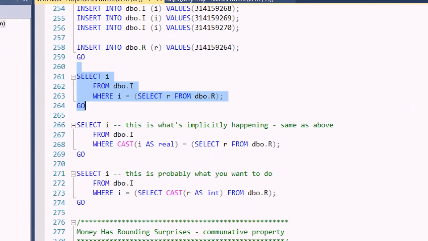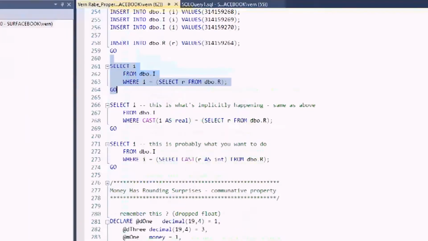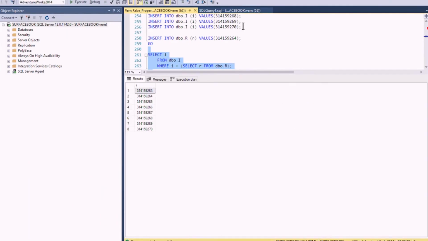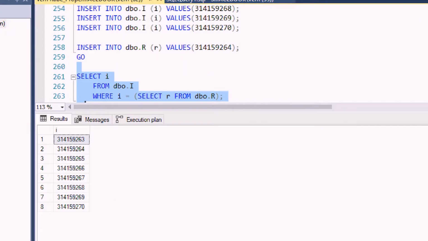That's the one that has the 8 values, where its value, its one column, is equal to, and then I'm going to sub-select the one row out of the R. So there's one row in R, and it is equal to one of the rows in the I. And so this should return one row, right? Any guesses? No rows. Well, let's see. Oh, returned all 8.